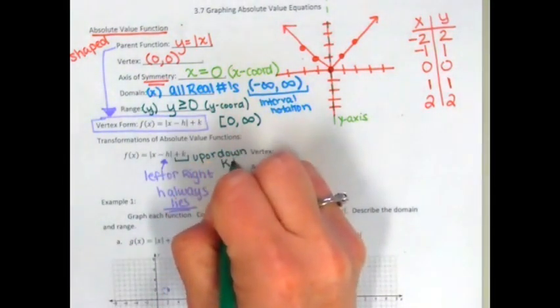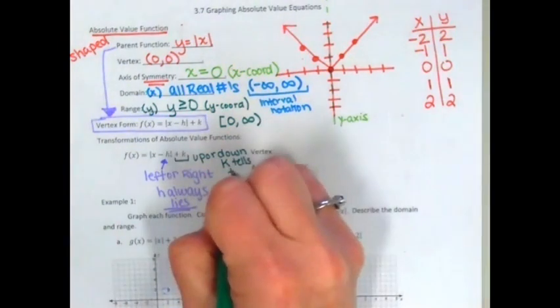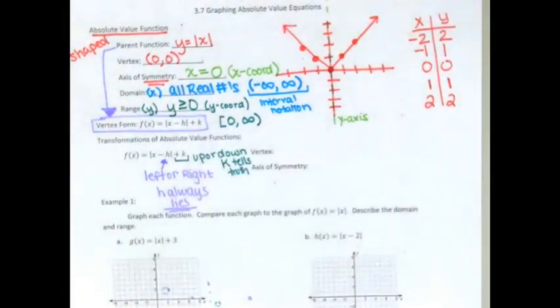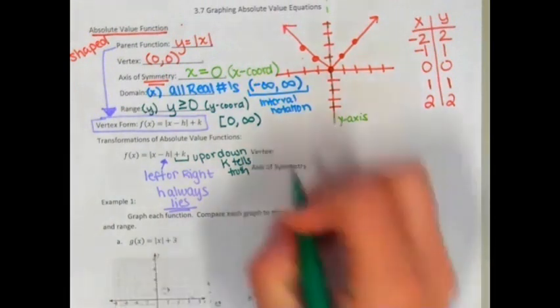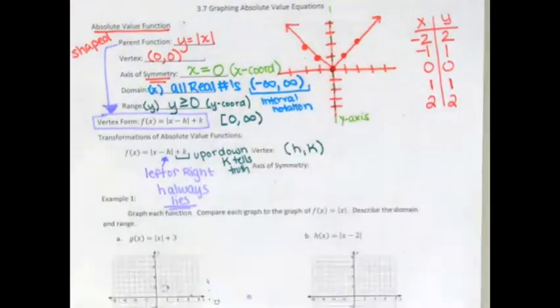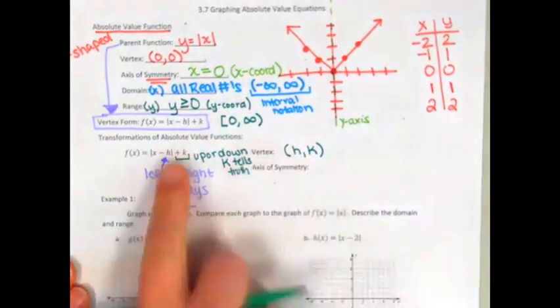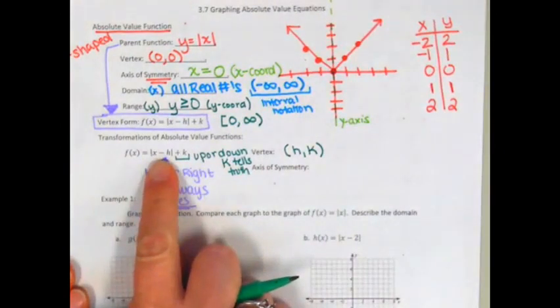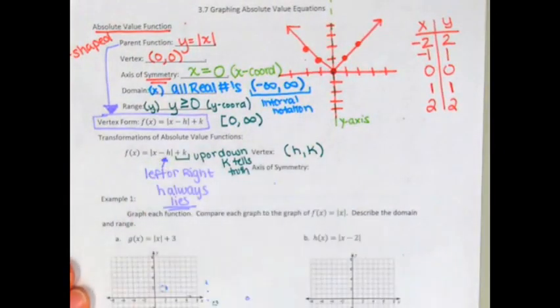And K tells the truth. H lies, K tells the truth. So if I see a +3, that means it's +3, it's up 3. So my vertex is H, comma, K. H lies, that's why it's a positive H, and K tells the truth.